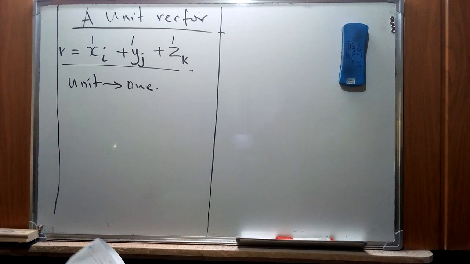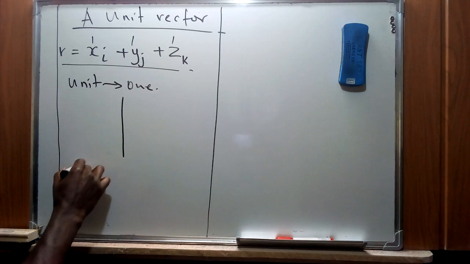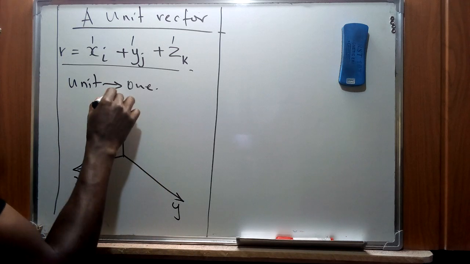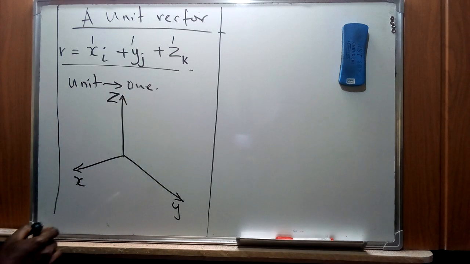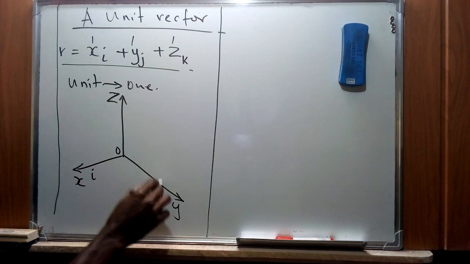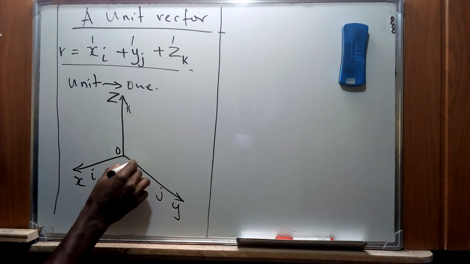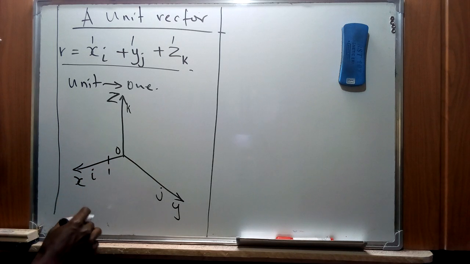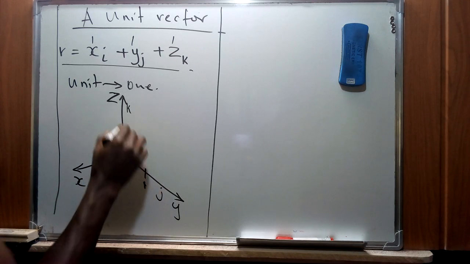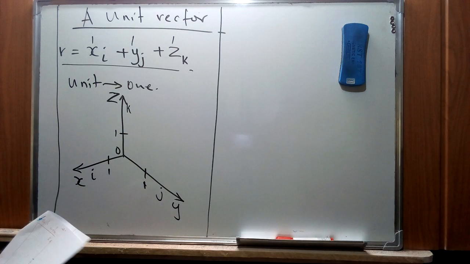So we're just going to have our rectangular coordinate system for the x, y, and z direction, and specifically we can represent this using i, j, and k. Whenever we're talking about a unit, it's a displacement of 1 unit in the x direction, 1 unit in the y direction, and 1 unit in the z direction. That is going to form what we call a unity vector.